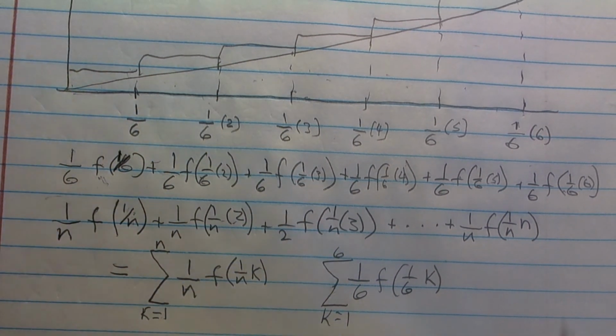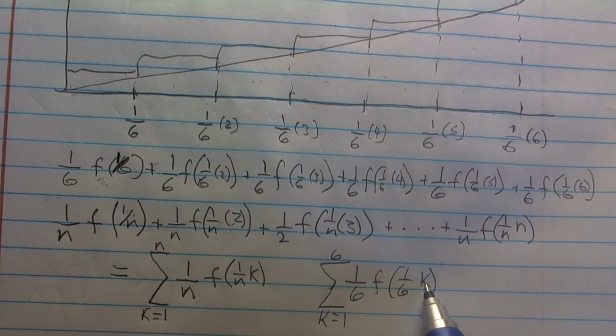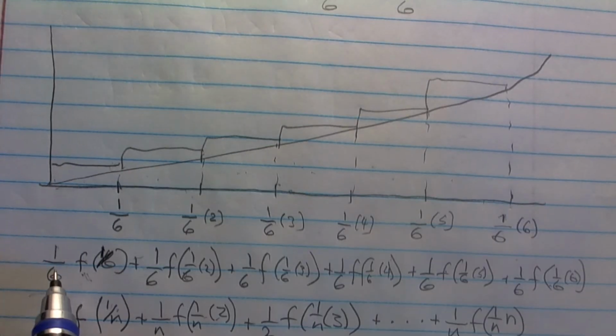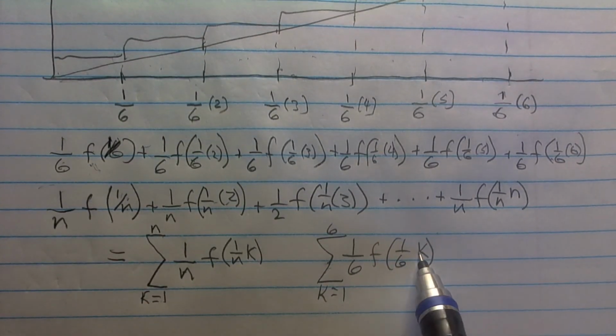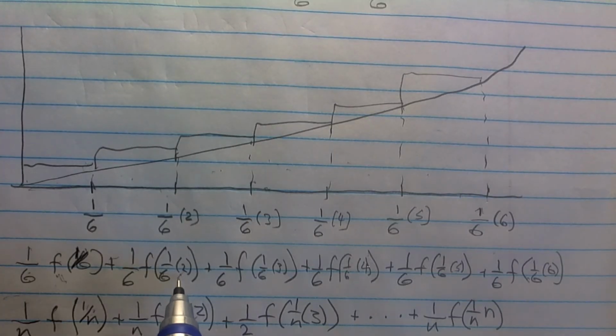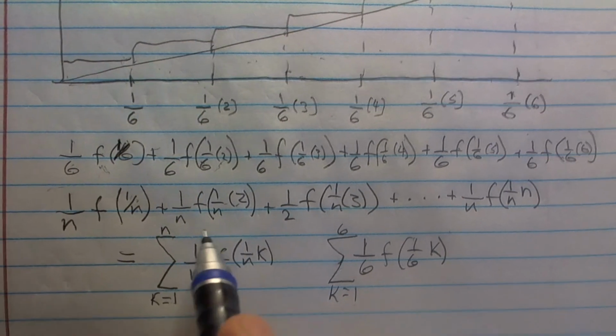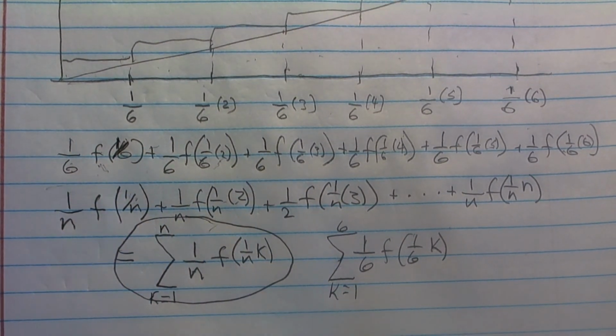And dig what happens. If I put in a 1 here, I get this back, 1/6 f of 1/6. Then I increment it, I put a 2 in, 1/6 f of 1/6 times 2. See? I get this one. So this is just more general.